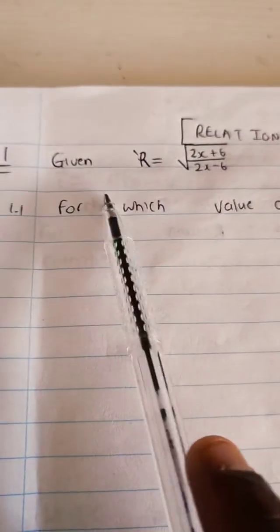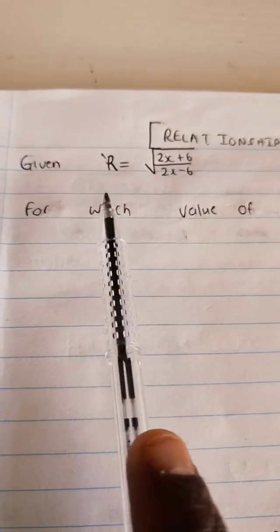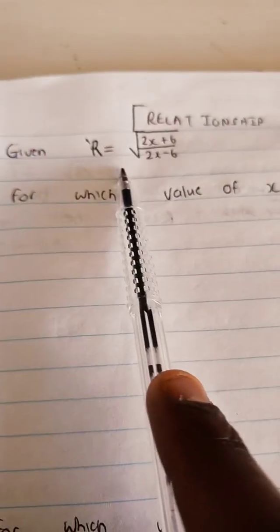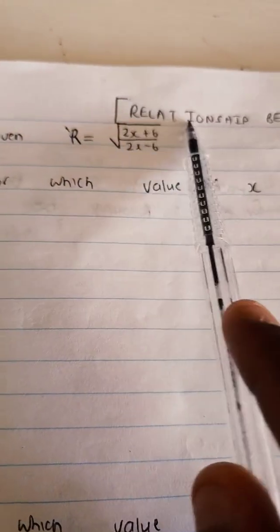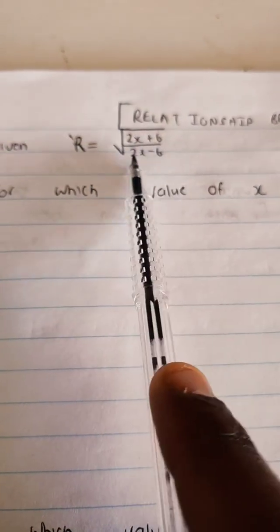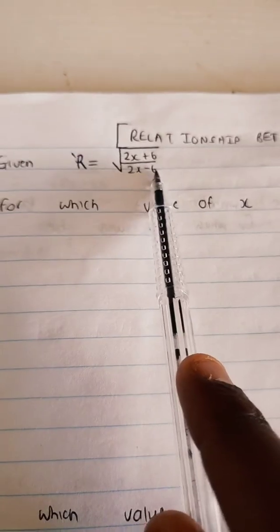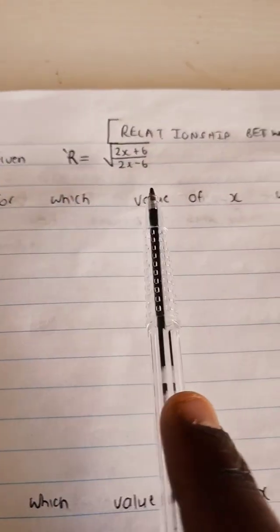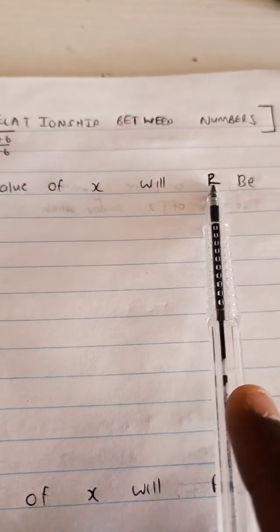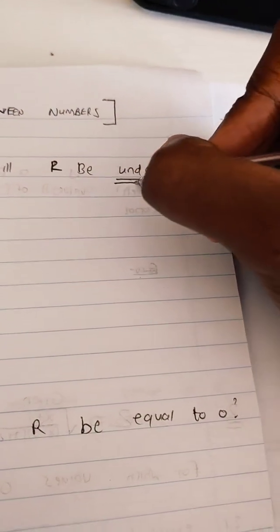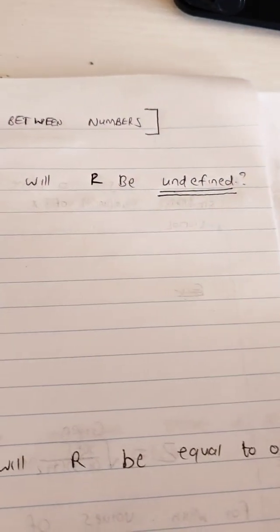Firstly, we need to understand what they mean. r is the square root of 2x plus 6 in the numerator over 2x minus 6 in the denominator. When they say for which value of x will r be undefined, what you need to clarify for yourself is, what does undefined mean?